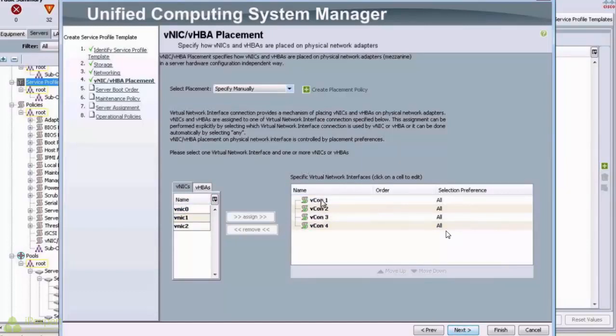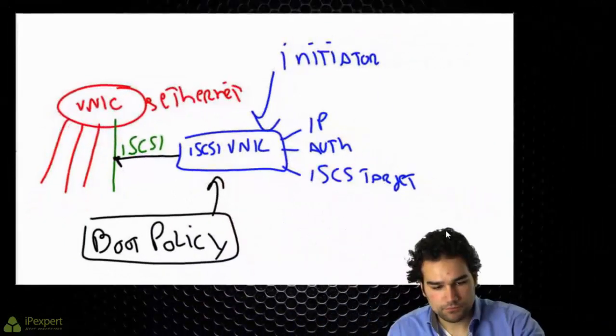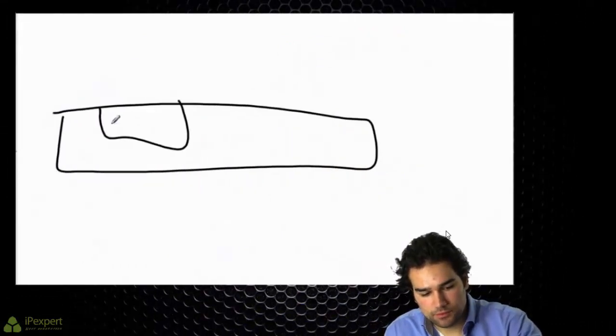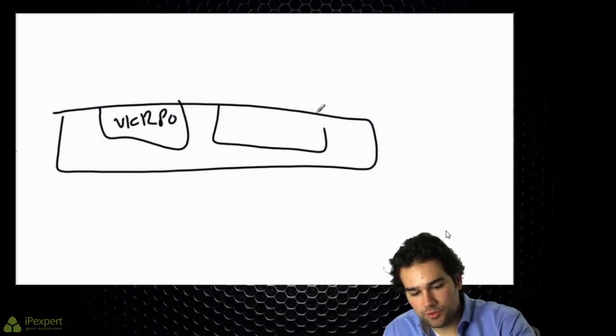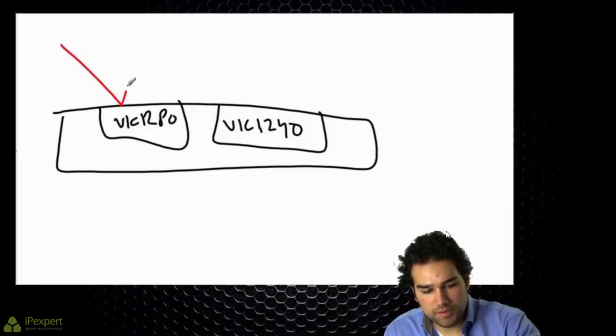As you can see here, 4 VCon groups, going back to our drawing. When I have my VIC1280 and the VIC1240 in the server, I have a path A and B here.